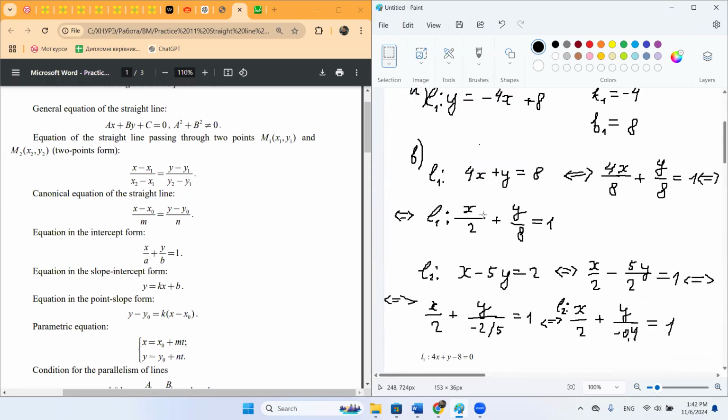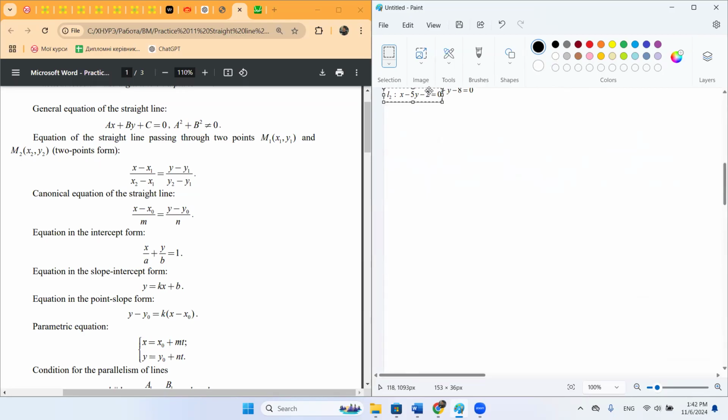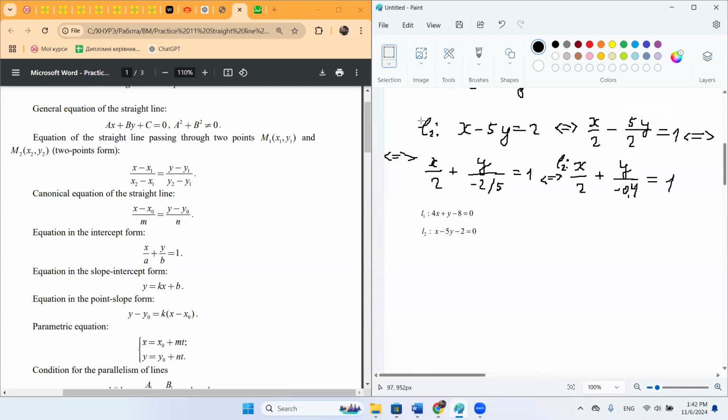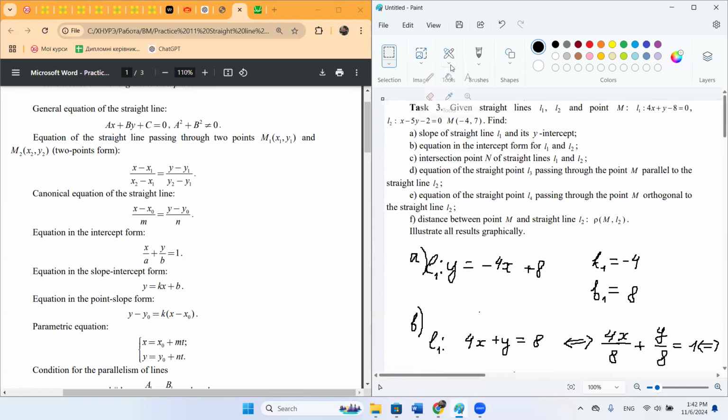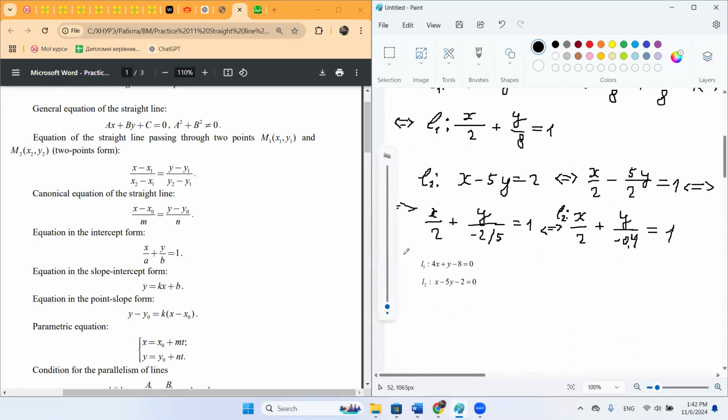You suggested putting equality between these left parts, right? Or we can also solve the system of equations. Yes, we need to solve the system of these equations, as we know from school. Nothing new, you already can do it.